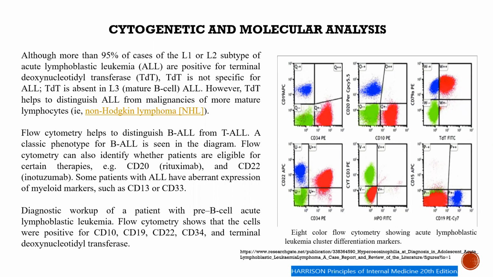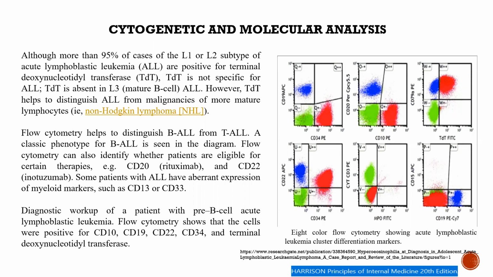Flow cytometry helps to distinguish B from T variant, and the classic phenotype for B variant is, you can see on this diagram on the right side of the slide. Flow cytometry can also identify whether patients are eligible for certain therapies. For example, some patients have aberrant expression of myeloid markers such as cluster differentiation 13 or 33.